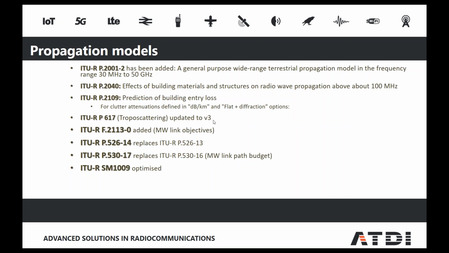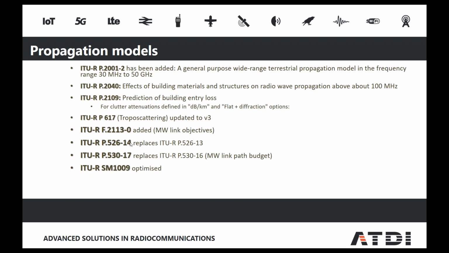In terms of troposcatter, that's been updated to version 3. Microwave links, we've got some objectives that have been added. This is the F.2113, and then there's a couple of additions where it's just replacing the latest version of the recommendation.